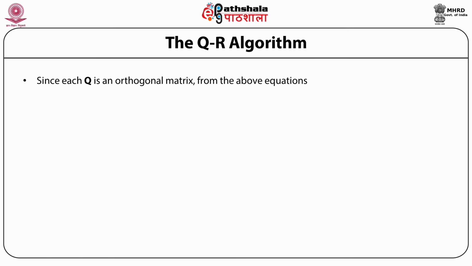Since each Q is an orthogonal matrix, from the above equation we can write R^i equals Q^i transpose Q^i R^i equals Q^i transpose A^i, where A^(i+1) equals Q^i transpose A^i Q^i.